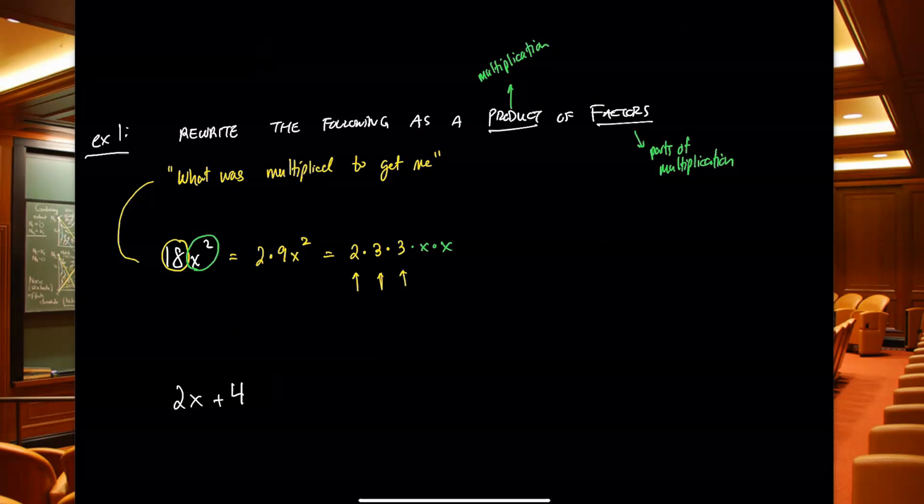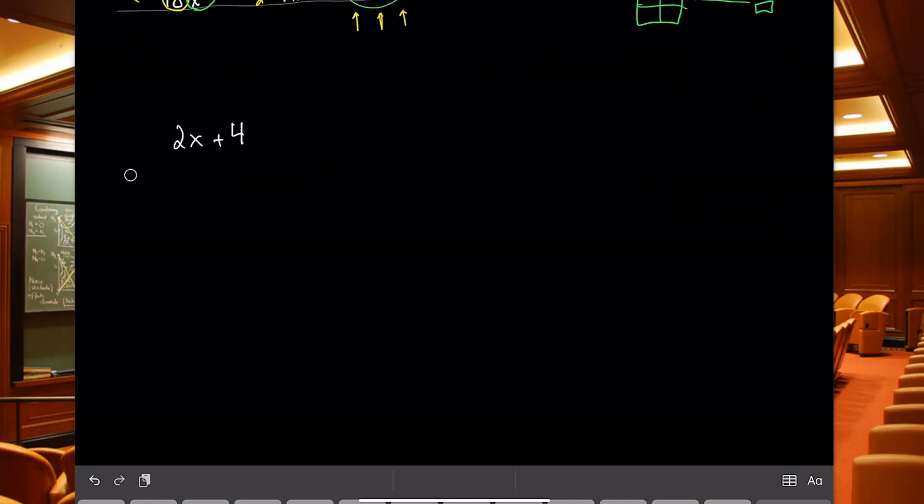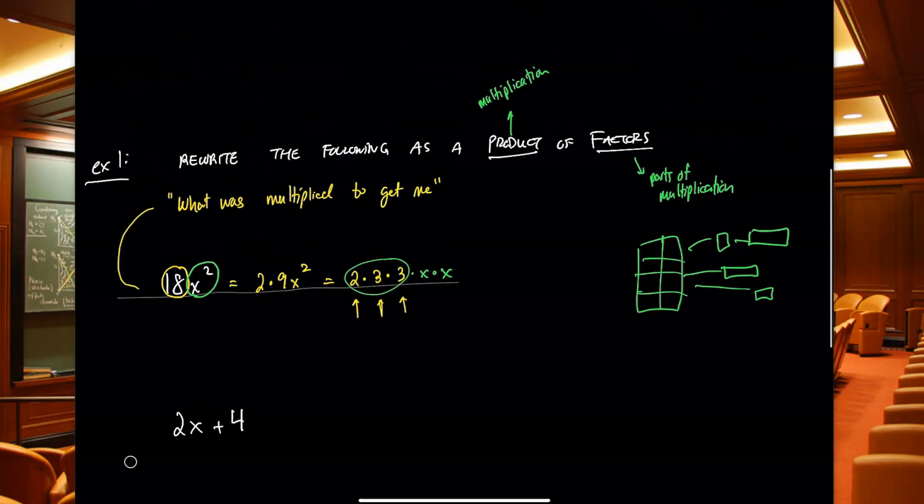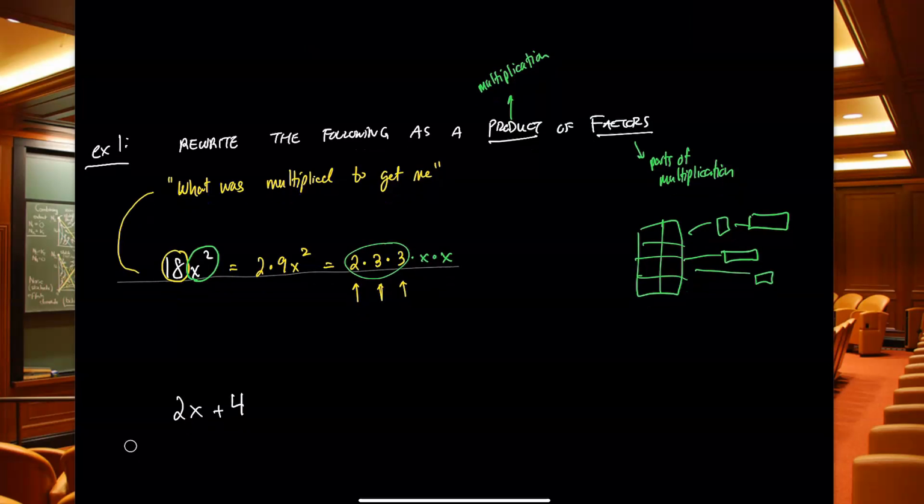So it's like you've got this stack of Legos, and what you're trying to do is figure out what kind of Lego pieces you have, trying to break them all into the different components. And sometimes we don't need to break it all the way down. It depends on the context. It depends on what we're looking for. But this is just a first example of what I mean when I say breaking something down is factorizing it.